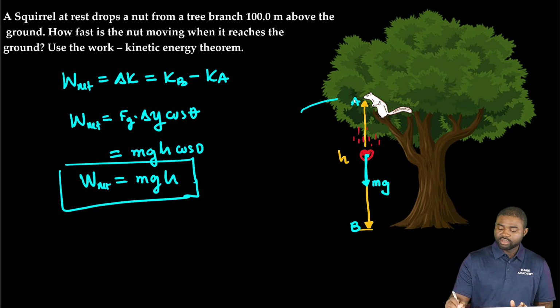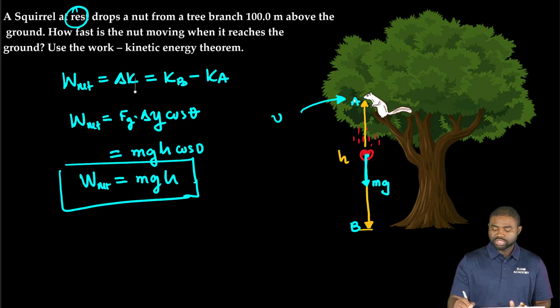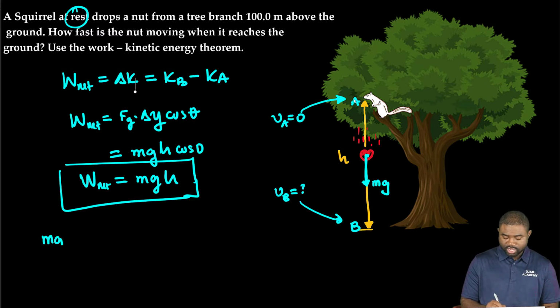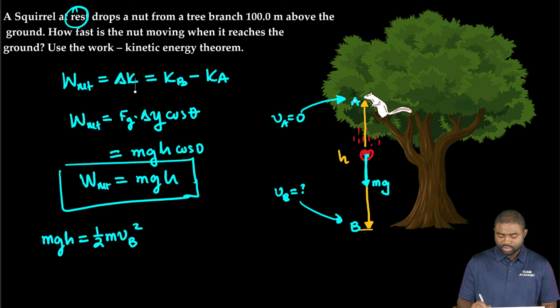At point A, the nut is dropped from rest, which means that the speed at A is 0. What about B? The speed at B is the speed that we are looking for. But the good news is the net work done, mgh, is equal to the final kinetic energy, half m v_B squared, minus 0.